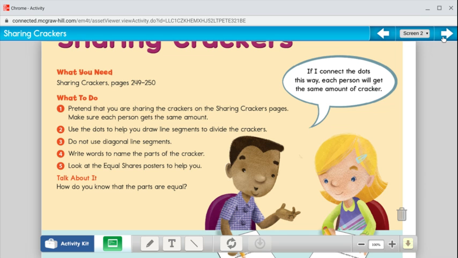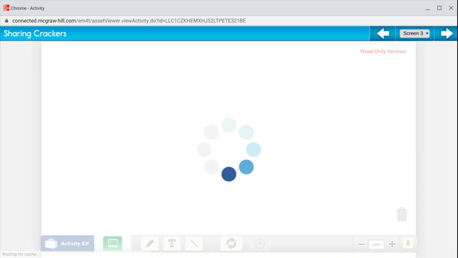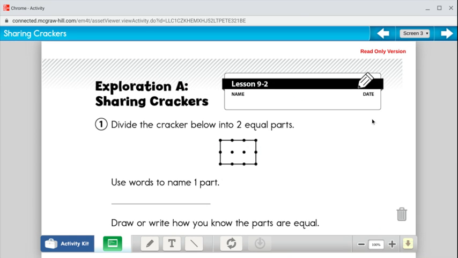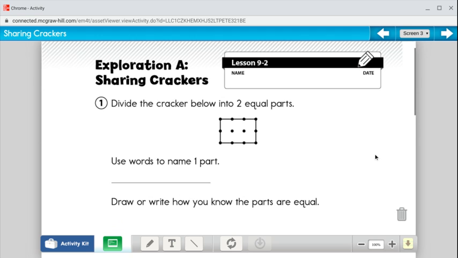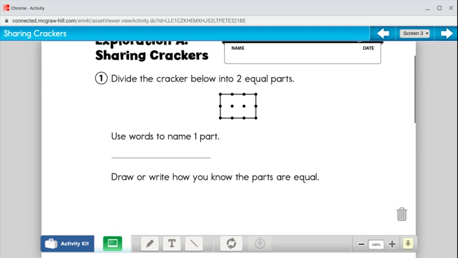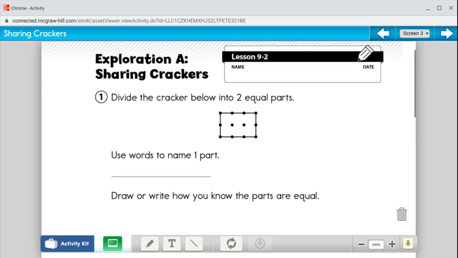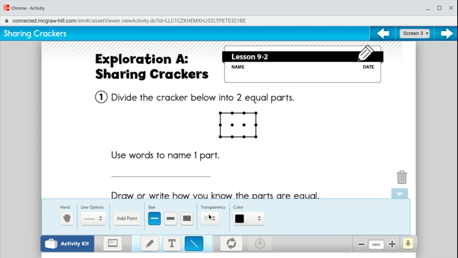All right, so let's take a look at our first one. This is what the page would look like if you were working on this in class. We're going to be doing it together. We're going to divide this cracker below into 2 equal parts. I have these dots that I want to use, and there's a couple different ways that we can do it, but we'll start with the simplest way first.